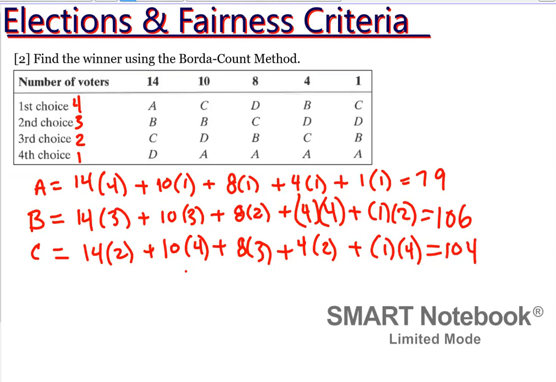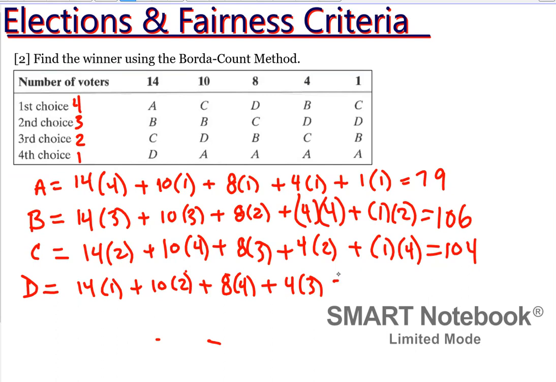So C is very close with 104 points, but B is still in the lead with the Borda count method. So we see that the winner here is candidate B by the Borda count method, and notice that A came in last place. I'm going to go back to the previous slide.